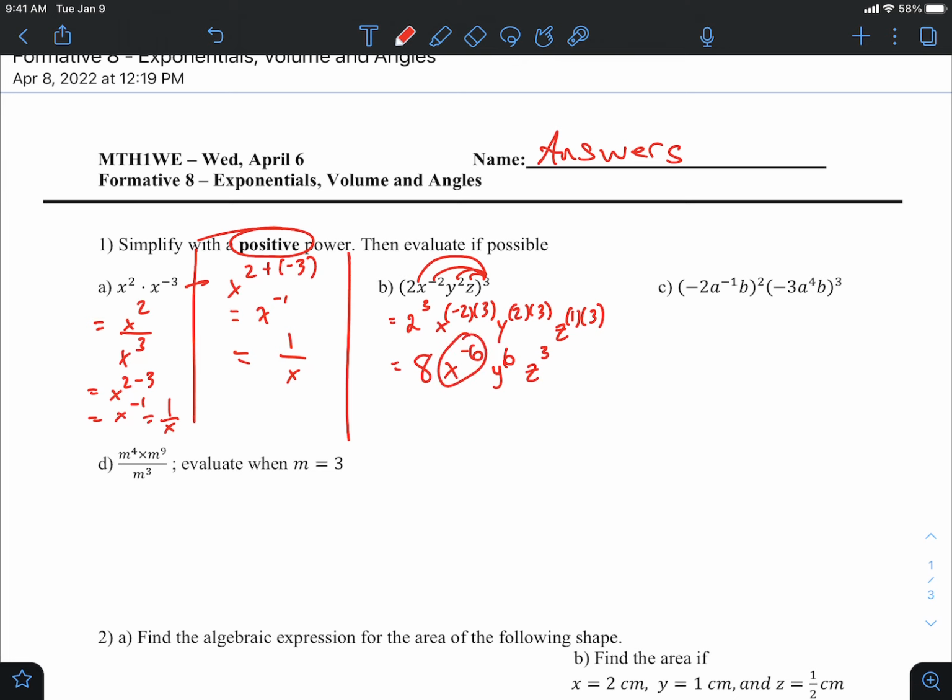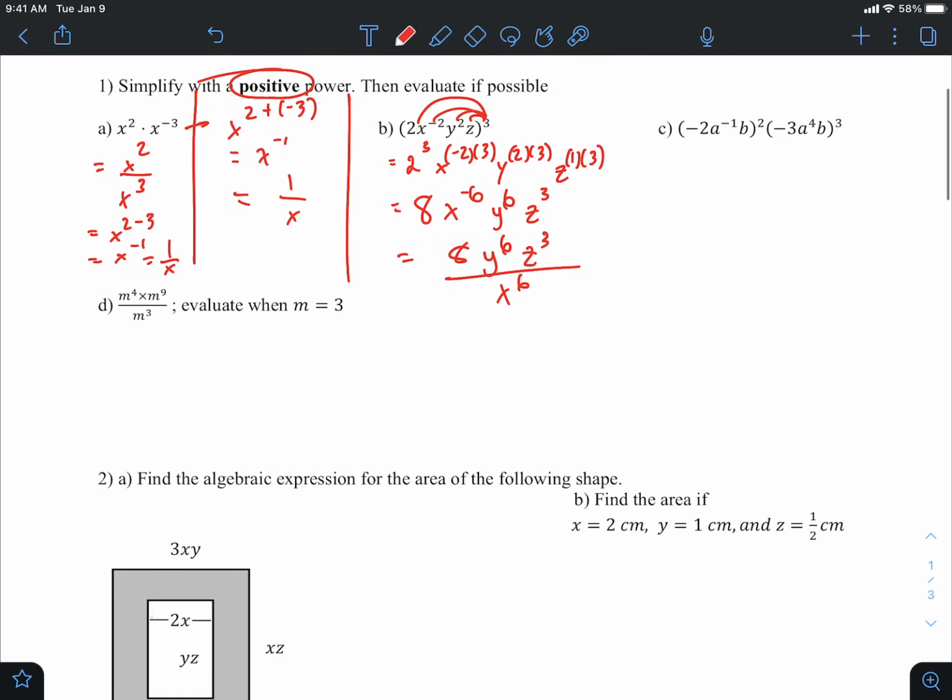So just grab that and put it in the bottom. So we're going to get 8, and if I'm going to move the x to the bottom, then don't write it in the top. Go y to the 6 z cubed, all divided by x to the power of 6. That's it. Anybody have any questions? Are we okay? Powers to power, multiply.